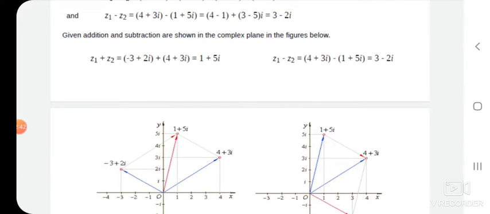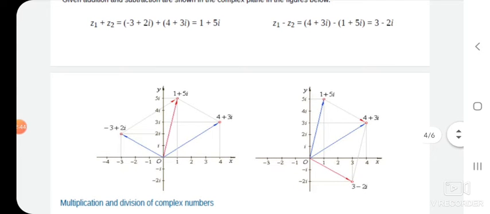If we add these two, it gives 1 plus 5i. If we subtract, it gives 3 minus 2i.